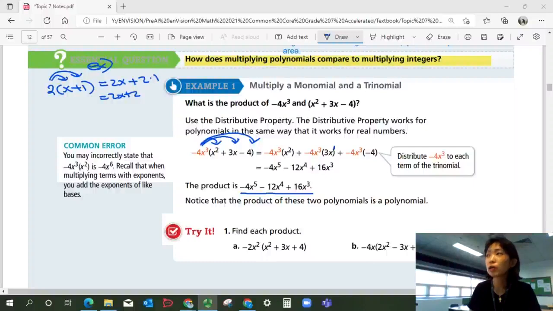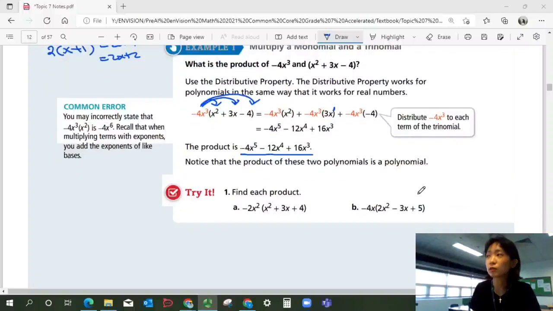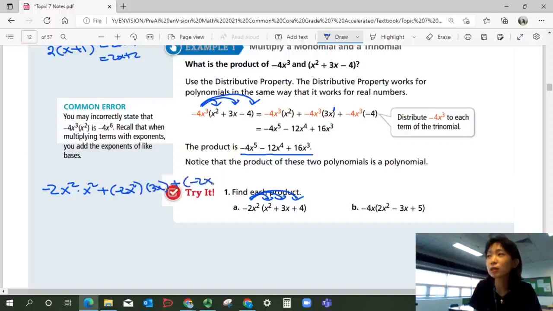Alright, so let's look how you can figure this out. So you're going to distribute these like this, so you get negative 2x squared times x squared plus negative 2x squared times 3x plus negative 2x squared times 4, right?